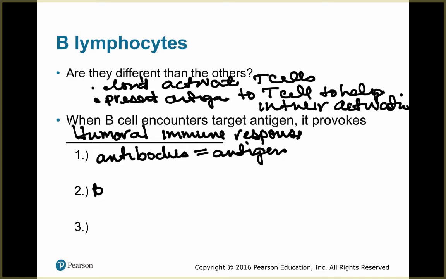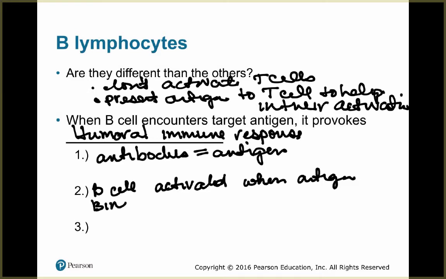The B cell is activated when the antigen binds to the surface receptor, which cross-links them.